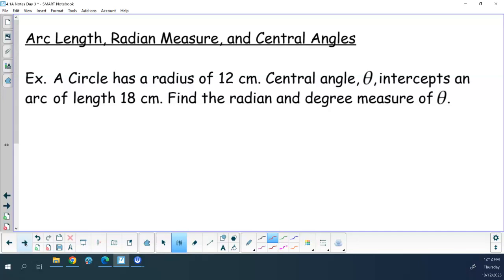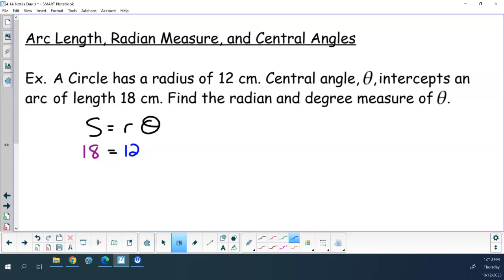Well, we can utilize S equals r theta. I wrote it different for some reason in the last time; I was going theta r. R theta. We know that our arc length is 18 centimeters. We know that our radius is 12 centimeters. They're in the same unit.